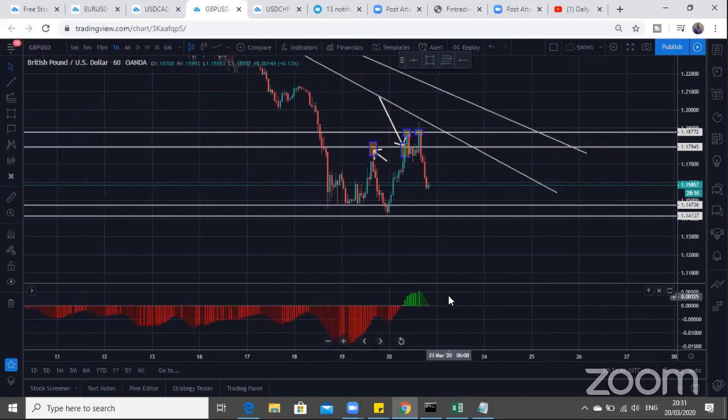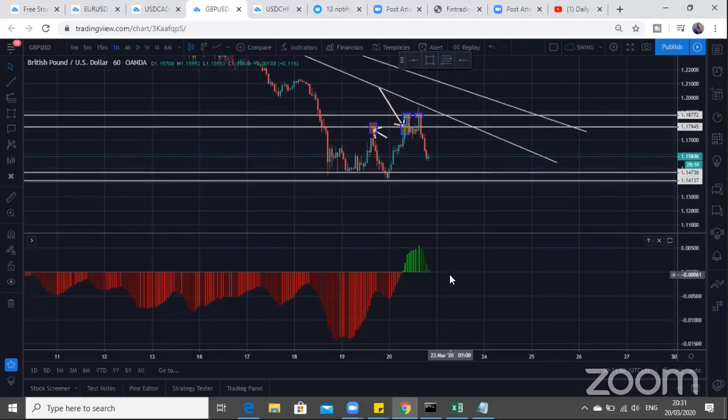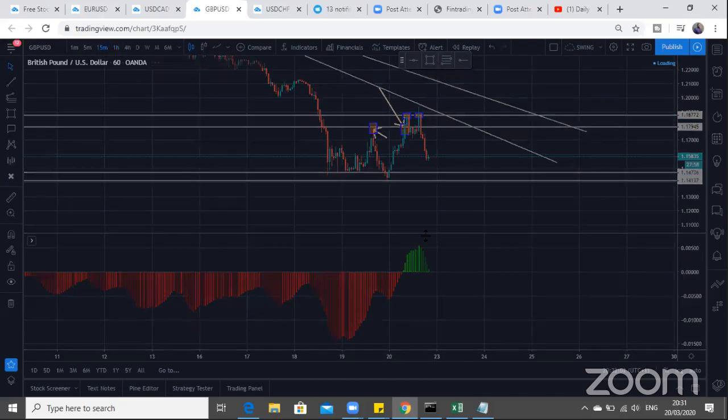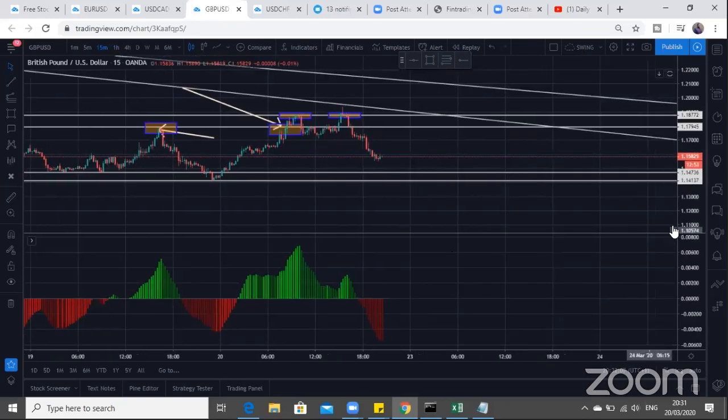So this is what we have here. Now, there is resistance at these zones, but there is no divergence here. Let's go to lower time frame and see if there is a divergence. Watch this now.